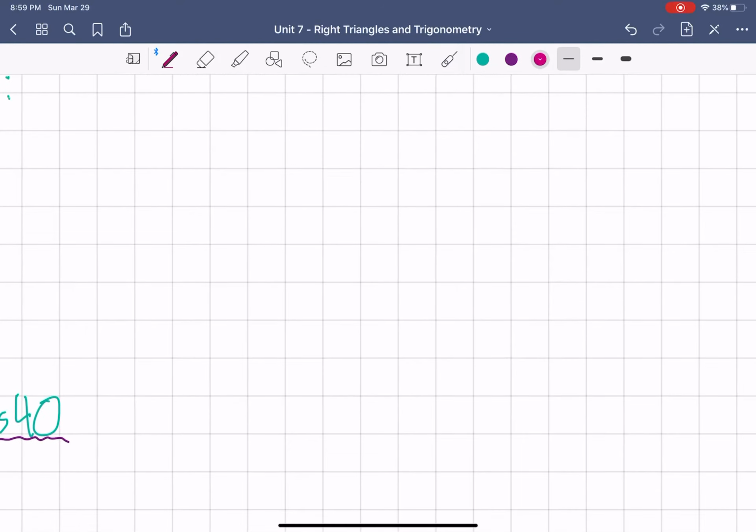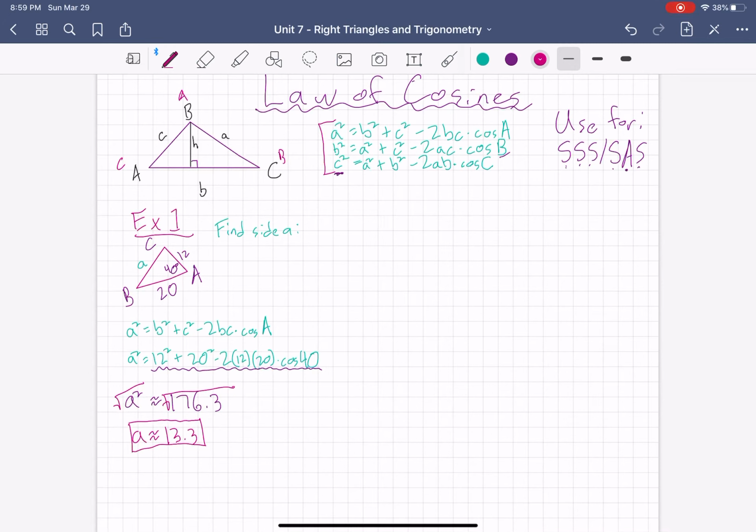That's an example of SAS. We had two sides and the angle in between those two sides, so that we could find our third side, the opposite side.